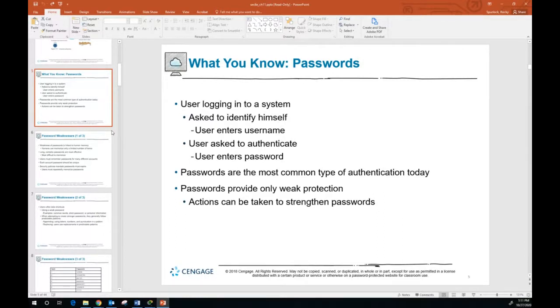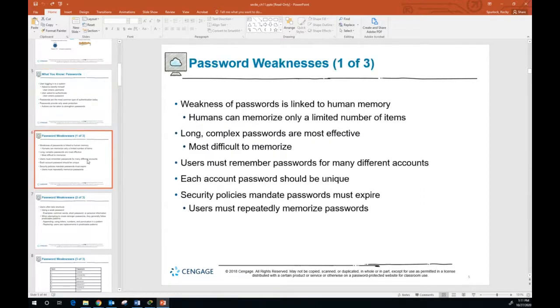Ways we can increase the protection of this is to use stronger passwords. Some of the actions we can take to increase our security with our password is to use longer passwords, combinations of upper and lowercase letters, symbols, numbers, and all of this can be set in with our password requirements. The weaknesses of passwords is that they're linked to our human memory.